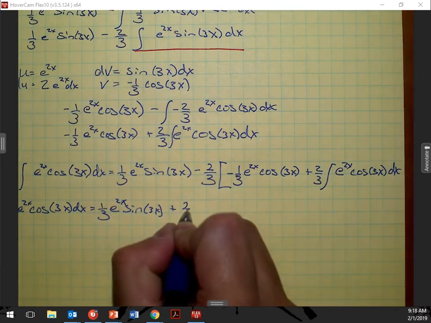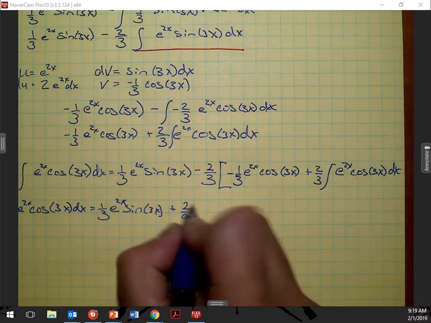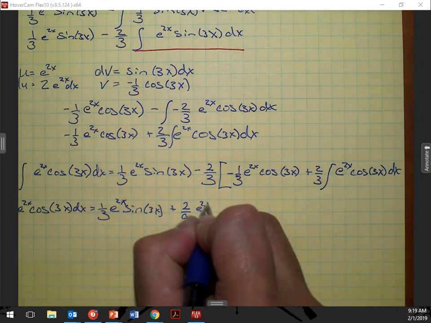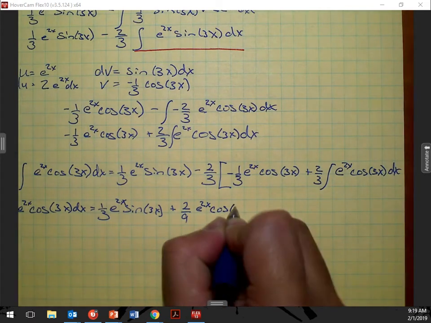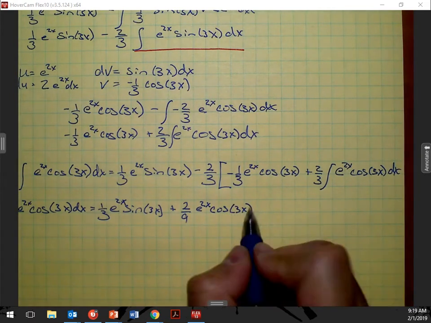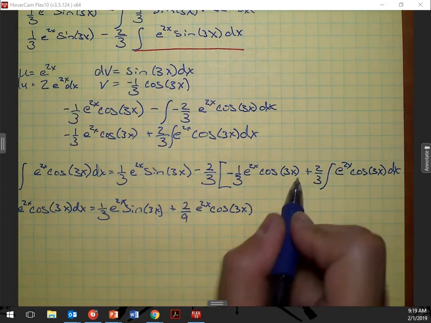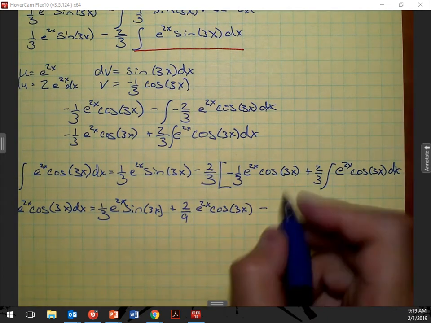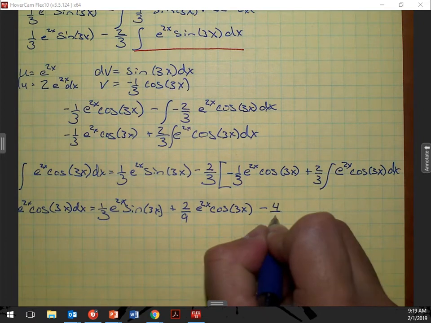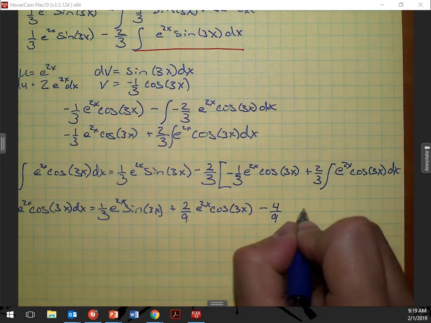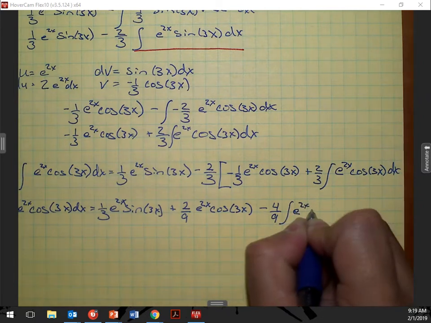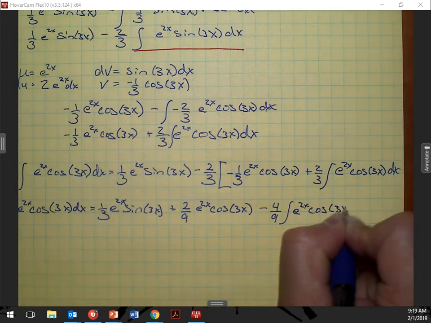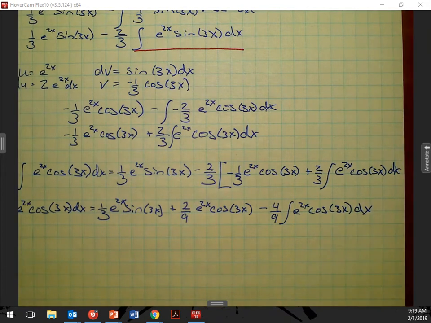Okay, so 2/9 of e to the 2x cosine of 3x, and now it's going to become a minus, right? 4/9 of my integral of e to the 2x cosine of 3x dx. Jeez.